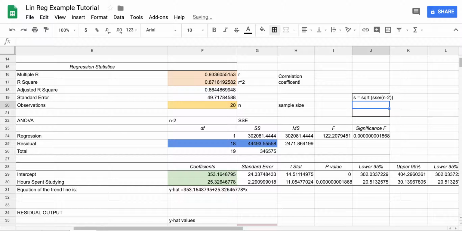All right, so I'm telling myself what S is, and now here's S. Maybe I'll center it to tell myself, hey, we're actually calculating S here. And now I'm going to say equals. I need to do the square root first, so SQRT for square root. The square root of the SSE divided by n minus 2. And there is my little s.